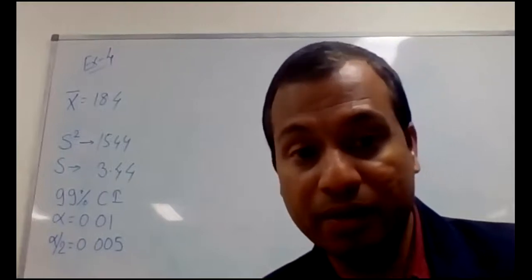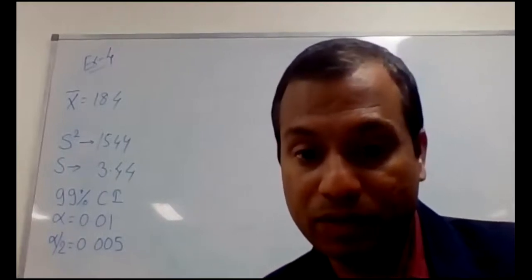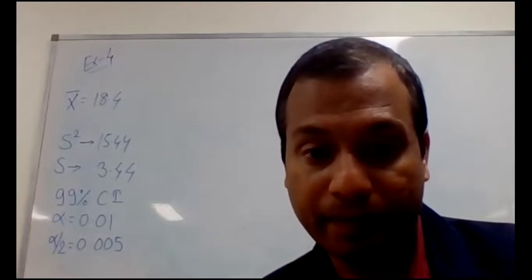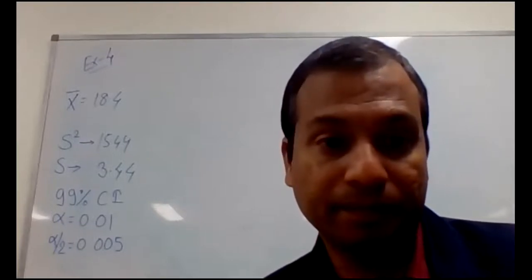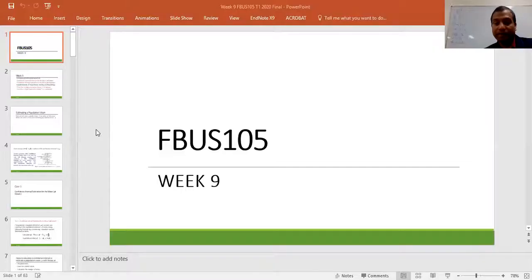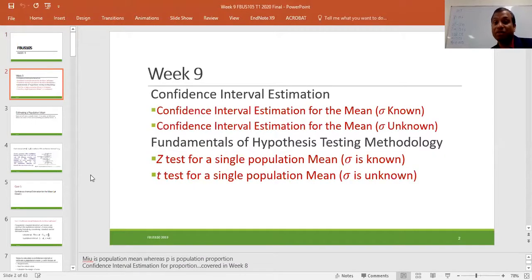We covered the mean. So exercise number 4 is clearly a case of confidence interval estimation for the mean.